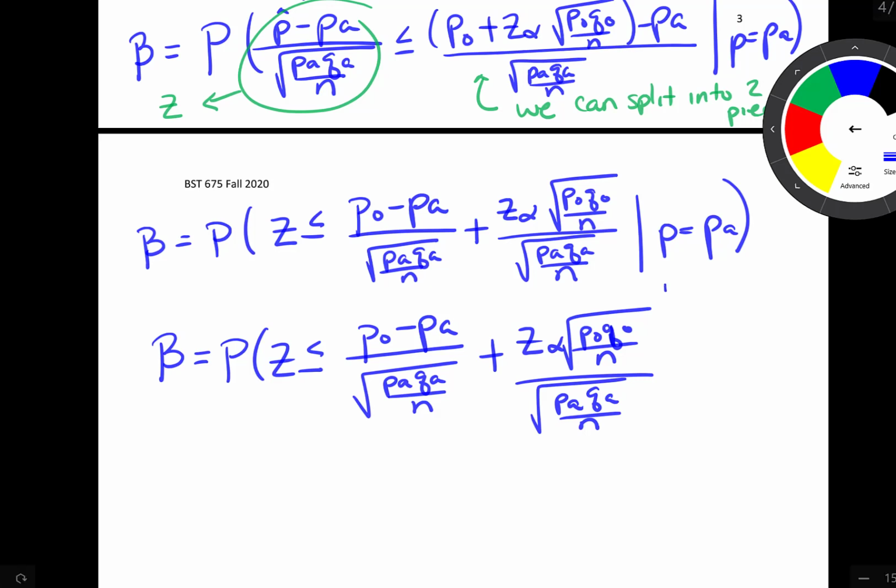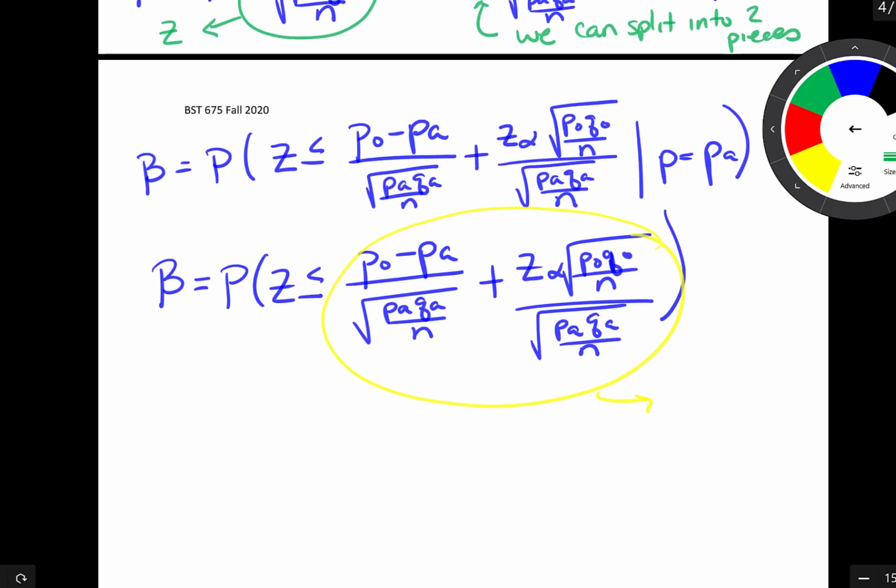Okay, so next thing to notice is this entire piece. Notice this is actually an endpoint. So if we think of the distribution of Z, there is some endpoint that this thing is going to be equal to. We know that the probability of Z being less than that endpoint is going to be equal to beta.